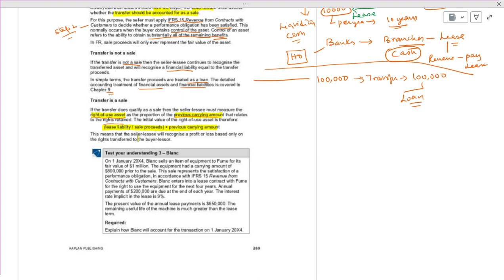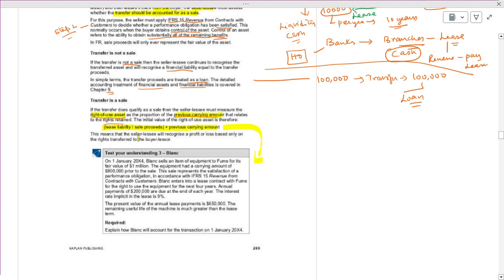It means any value that has been assigned in the previous case has to be considered. So what is the right-of-use asset in that case? Lease liability divided by sale proceeds, multiplied by the carrying amount. We will use this formula in this section.